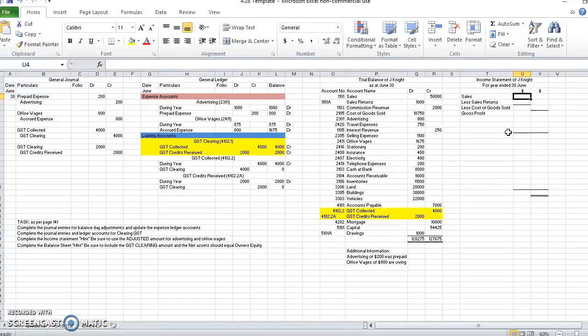So all we have to do is copy over the amounts. So sales is 50,000, sales returns are 1,000, and cost of goods sold is 18,750. So we'll colour those in so we know we've completed them.